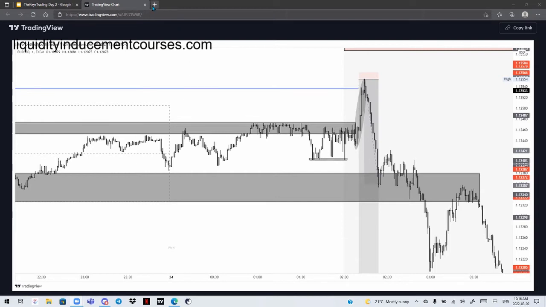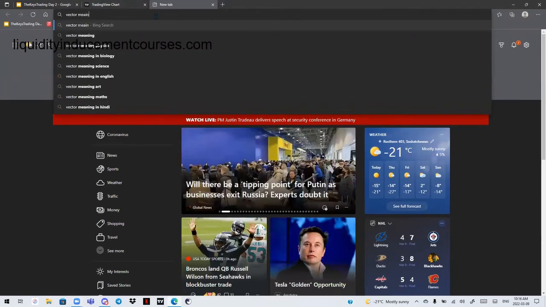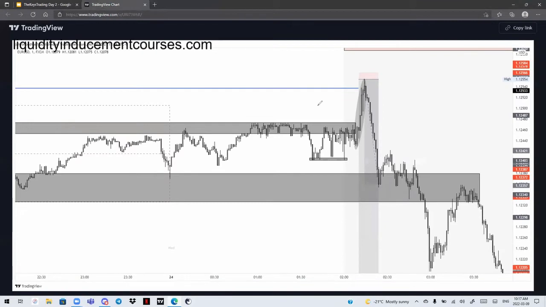Can you give me an explanation? I'll show you the meaning of vector. Quantity having direction as well as magnitude, especially as determining the position of one point in space relative to another. Okay, I got it.